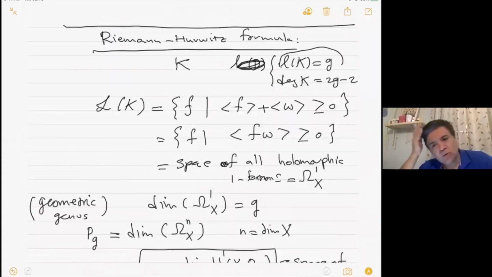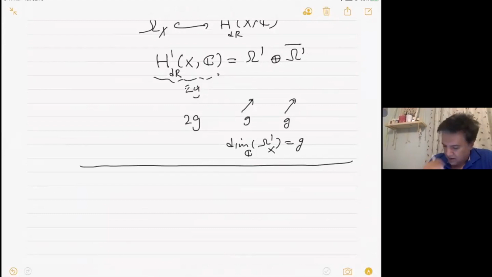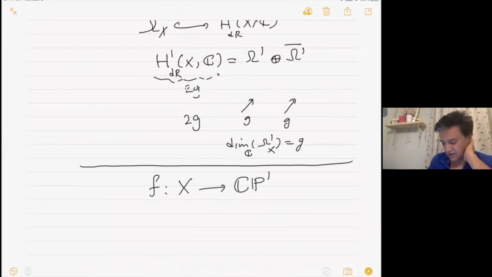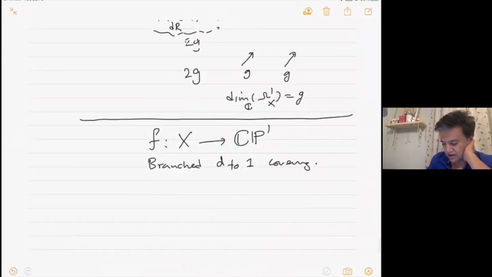And now, why is the degree of K equal to 2g minus 2? So you have a meromorphic function f like this. You can think of it as a branched d-to-1 covering. And you can take infinity in CP1 to be unramified.